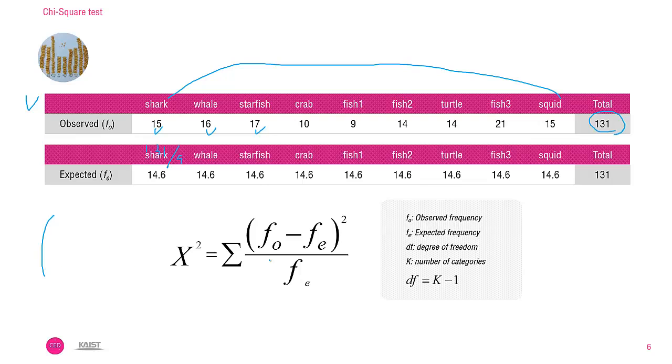You square the difference between observed frequency and expected frequency, and you divide this by the expected frequency. Then you add all of these, and then you will get the chi-square value. What if the expected frequency and observed frequency are all equal?